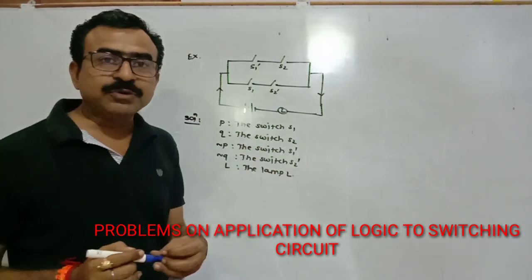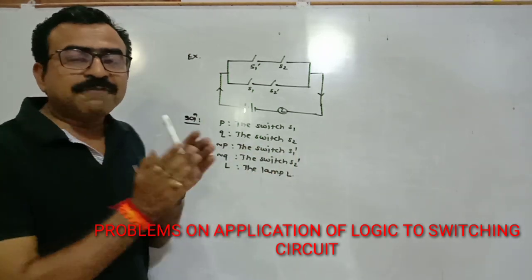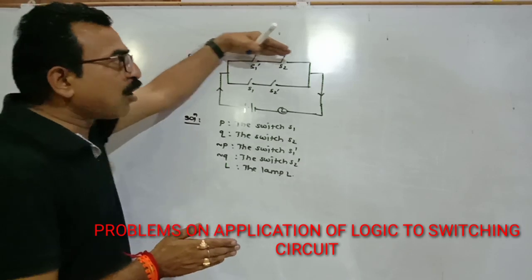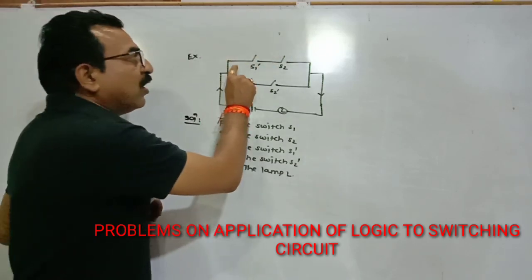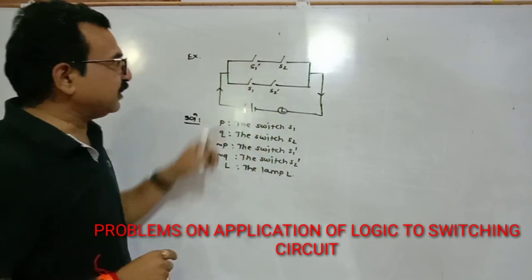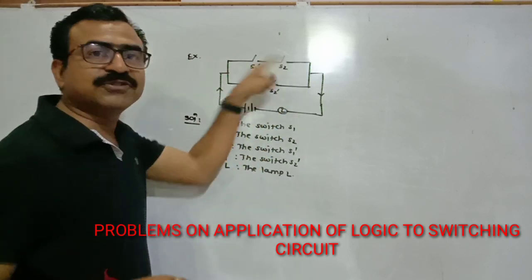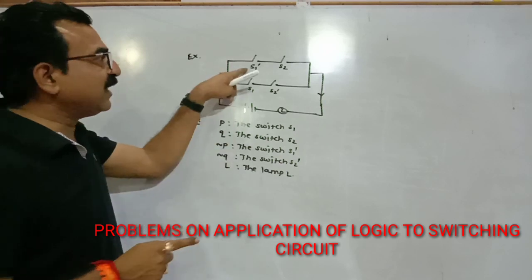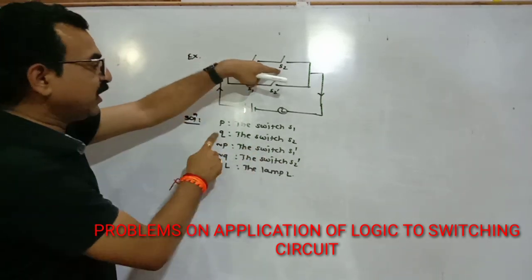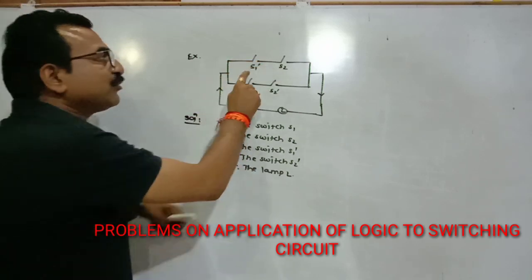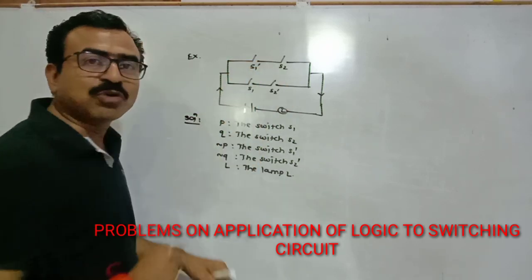Okay, understood? Now after that check the topper line of the circuit diagram. On that line 2 switches are given, that is S1 dash and S2. S1 dash is denoted by negation P and S2 is denoted by Q, and these 2 switches are connected in series combination.